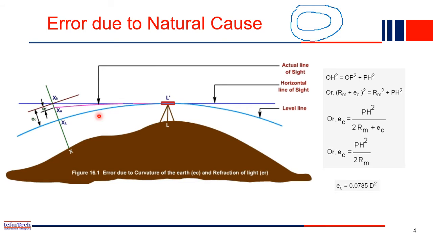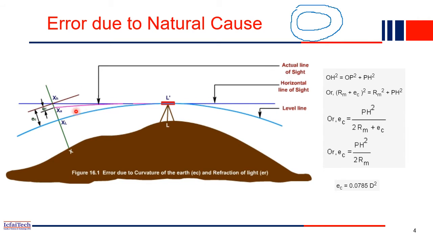The next type of error which occurs is the refraction of light. As we are using the properties of light, light also gets refracted. If light travels from one medium to another, there will be refraction of the light. Because of this refraction, additional error will be added into our reading. So this deep blue or violet line is the actual line of sight.